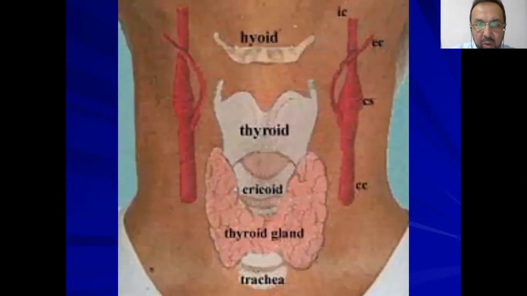Then, as we can see in the next slide, the thyroid gland is a butterfly-shaped endocrine gland. It's a very, very important gland residing in the front of the neck.